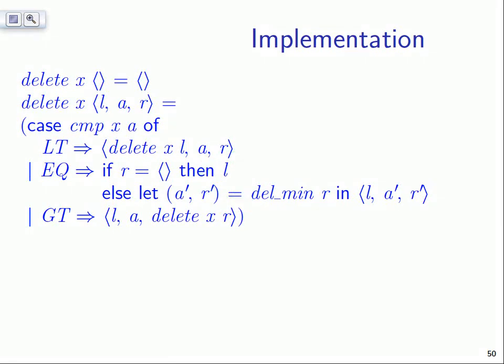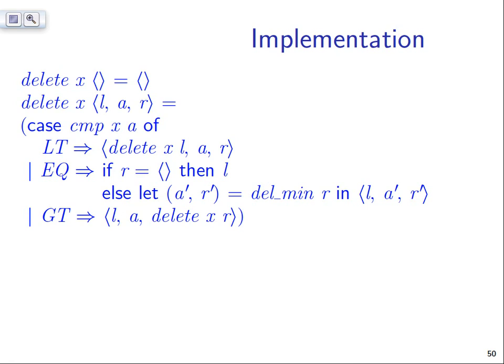But interesting, of course, is the question, if you want to delete the element in the middle, what you do, and then you can do the following. You basically look at the right, you want to delete this A. Now, if R is already empty, then you can just return L.